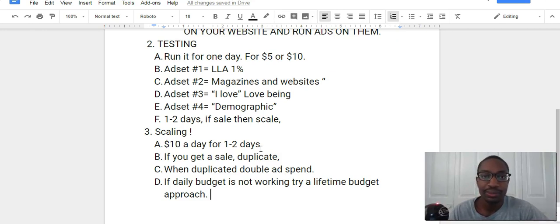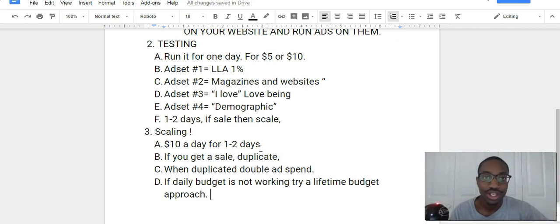Facebook will use that $100 and spend it within 2 days, so usually you're going to spend around $50 a day. I have found some success with that. If daily budget is not working, I just try a lifetime budget, and it started working, maybe because they know how much they need to spend a day, and so they're more targeted with their targeting. I'm not sure. So that's another approach.